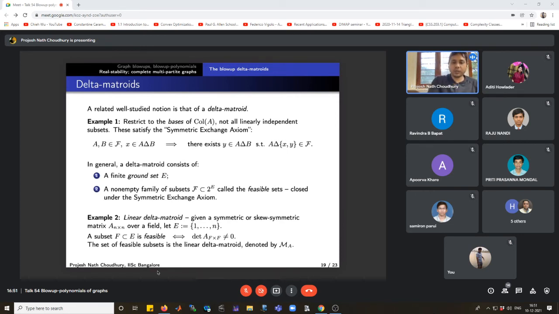Bouchet proved that for a symmetric or skew-symmetric matrix, this set structure indeed forms a delta matroid, which is said to be representable.